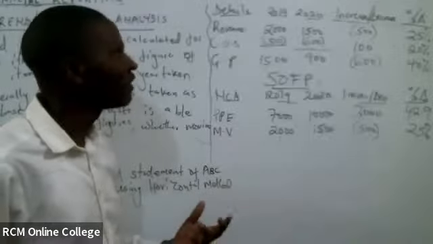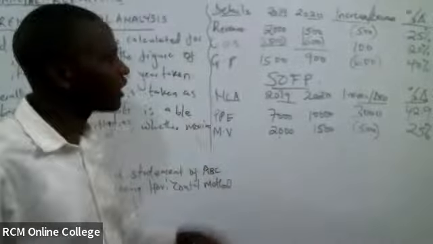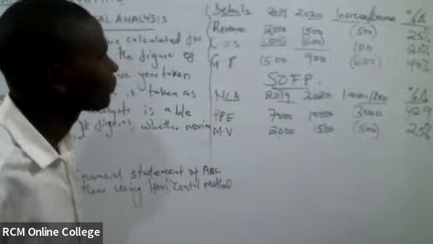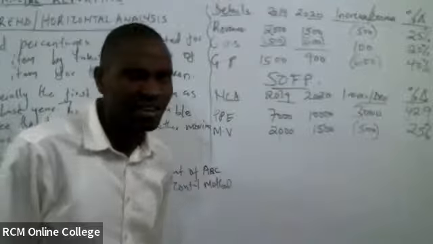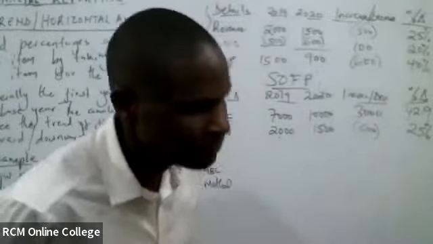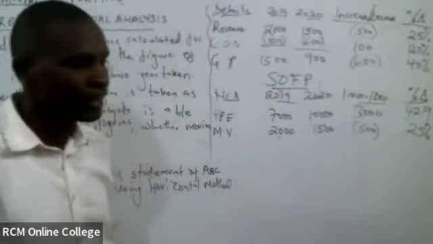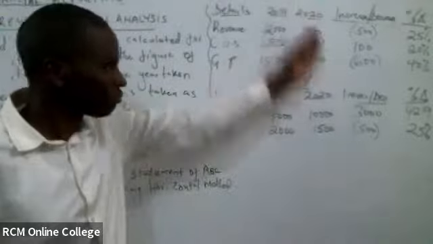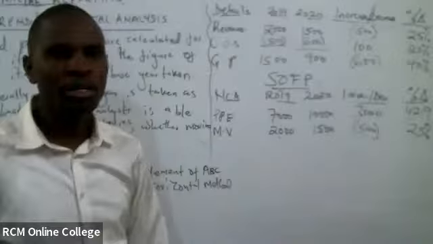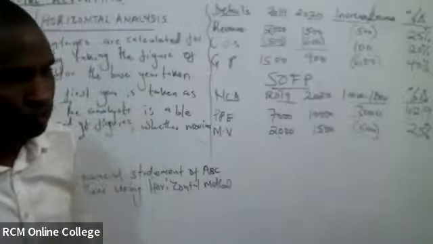improve on its revenue. The revenue for 2019 was 2,000. The revenue for 2020 dropped by 500 and it became 1,500. What do you think might be the cause of the reduction of revenue?